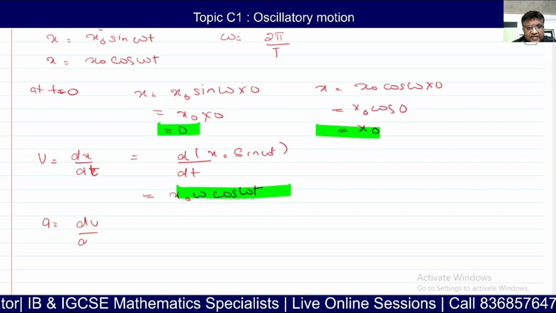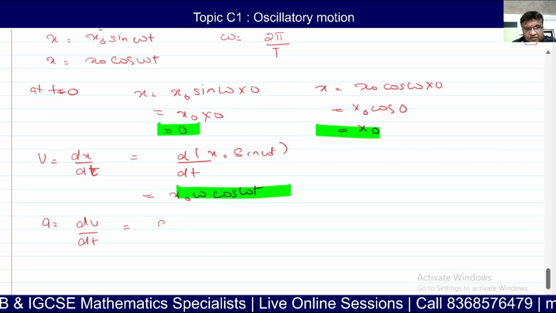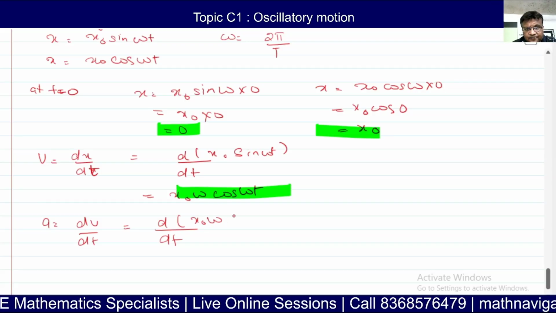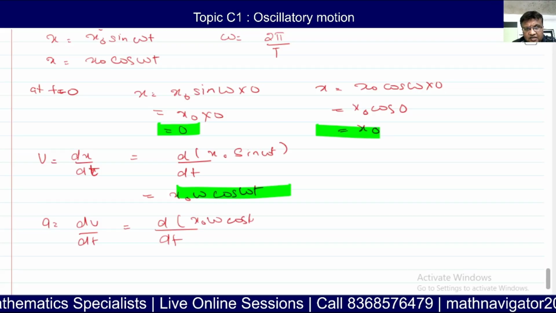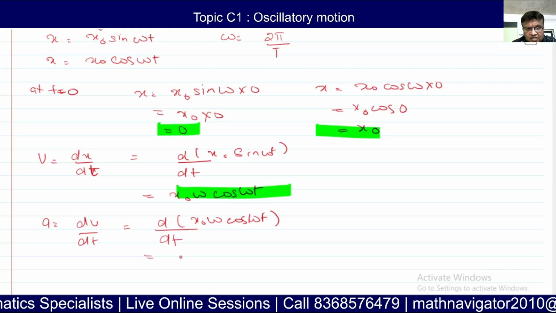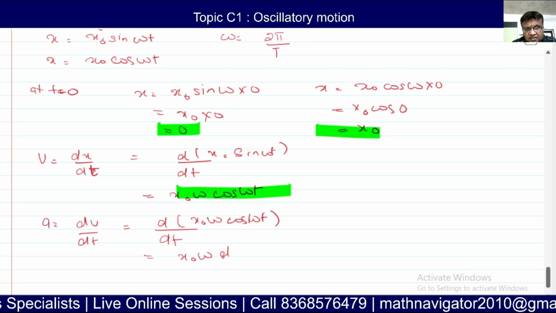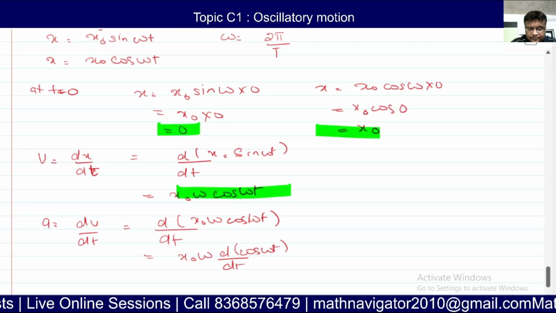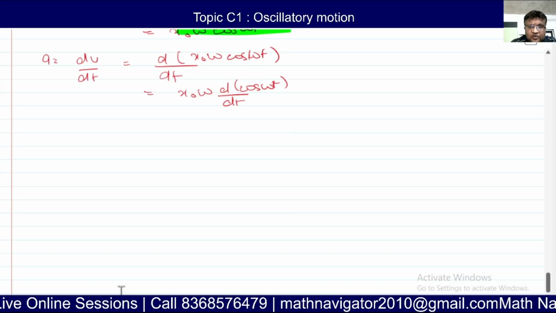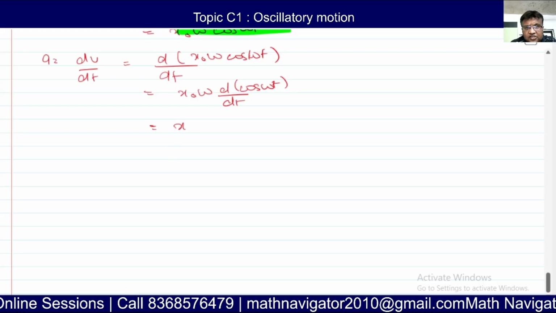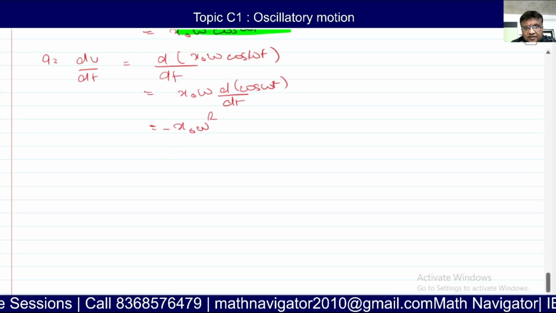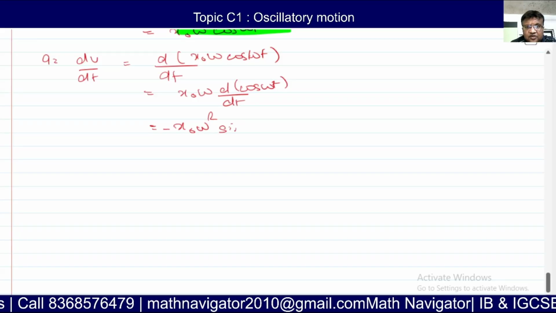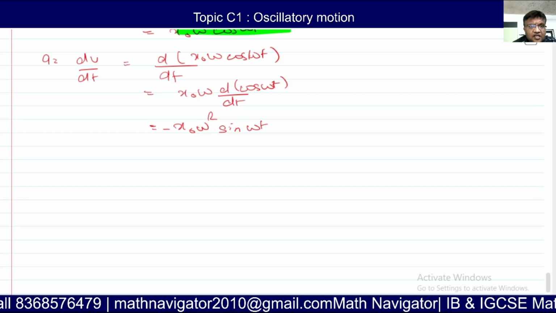Acceleration is equal to dv by dt, which will be d by dt of x naught omega cos omega t, which is x naught omega times d by dt of cos omega t, which will be x naught omega squared times negative sine omega t.